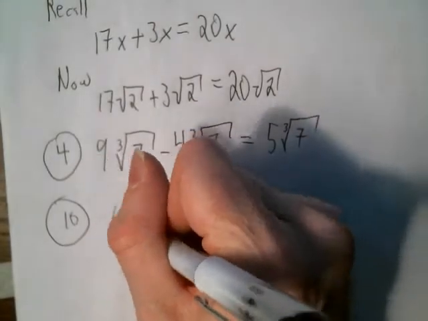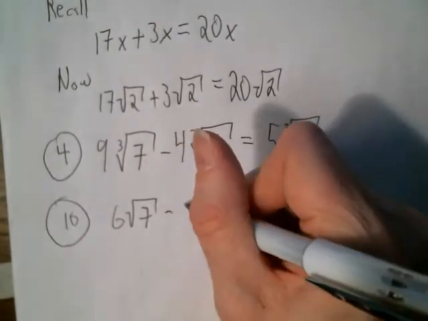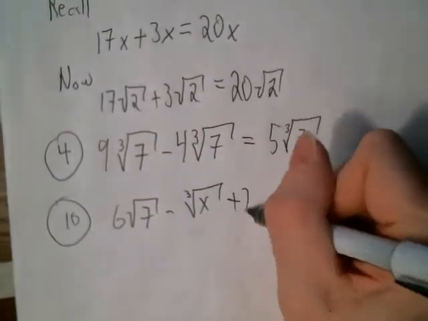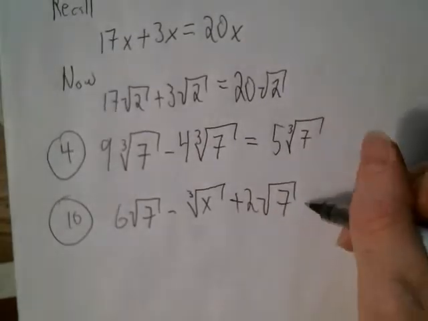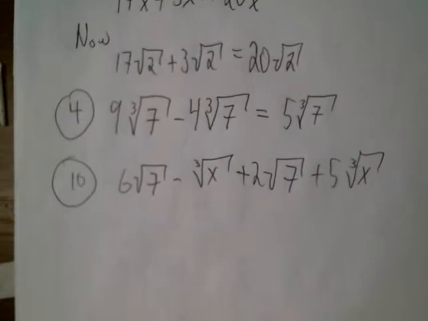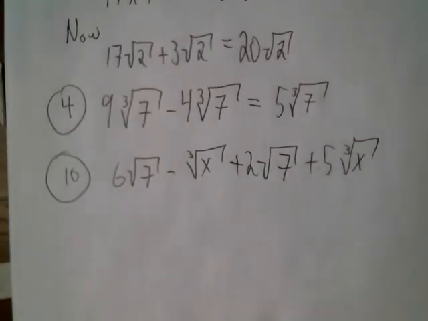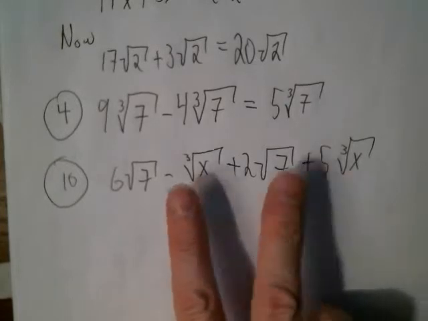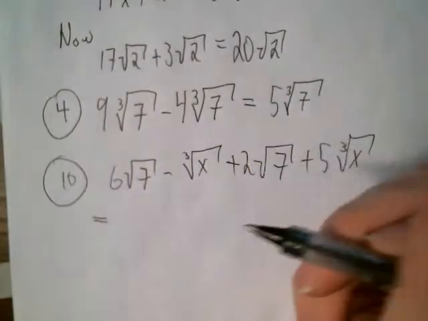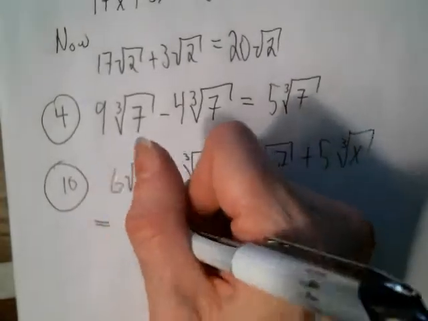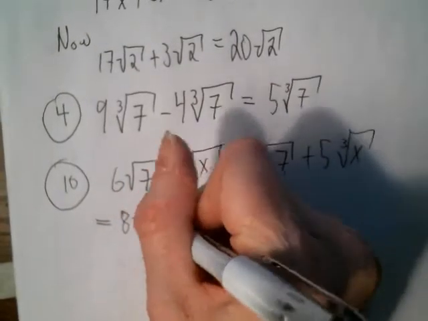Let's look at maybe number 10. I have 6 square root 7 minus the cube root of x plus 2 square root 7 plus 5 cube root of x. Okay. So these guys have the same radical, and these guys have the same radical, so you have to combine those pairs. 6 radical 7 plus 2 radical 7s is 8 radical 7s.